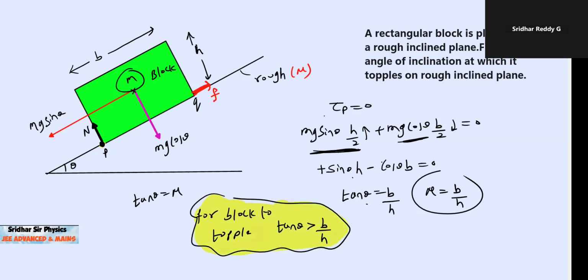This is a condition. This is about to topple. Then mu and b by h are related by this equation.